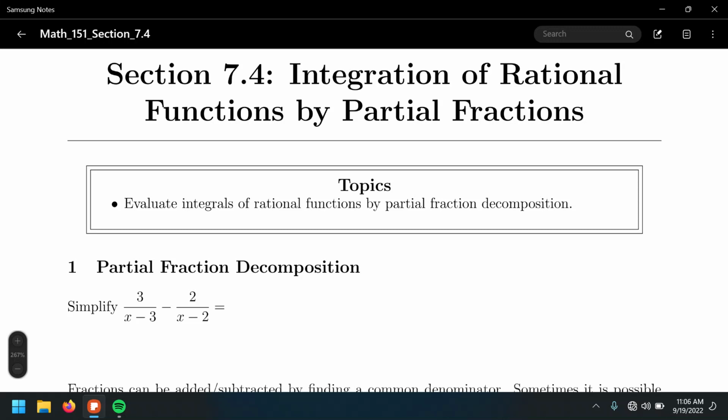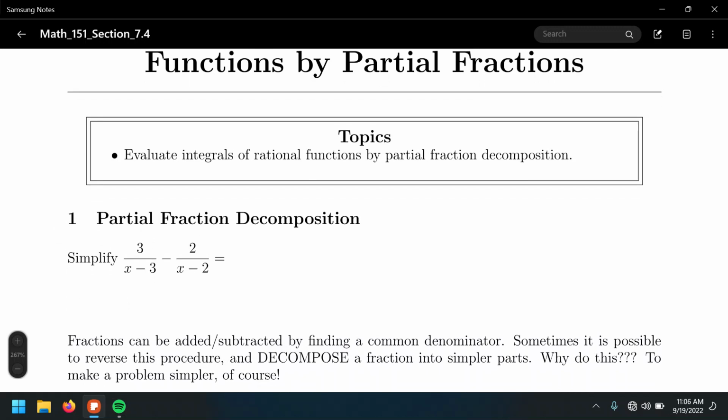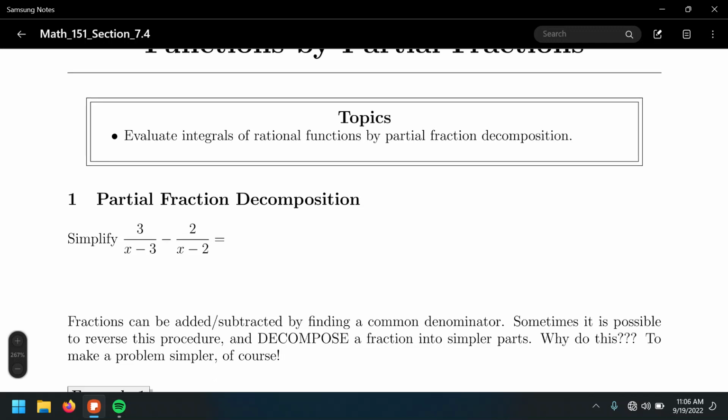But before doing the partial fraction decomposition, let's first see where this is really coming from. Back in intermediate algebra, you were asked to compute this kind of operations with fractions.